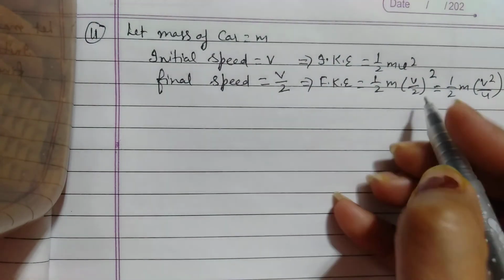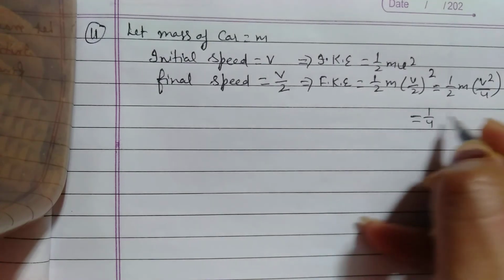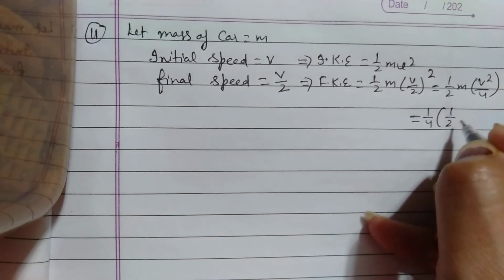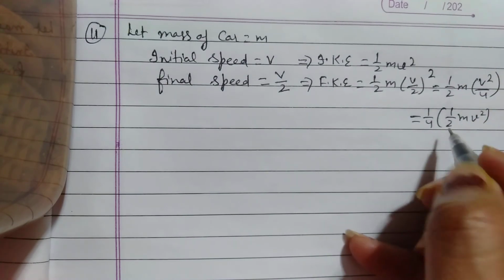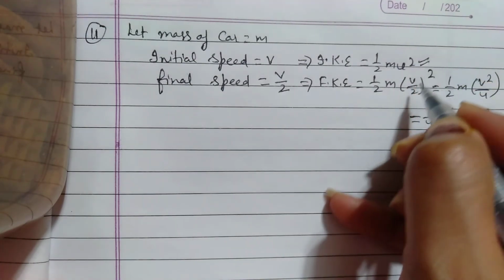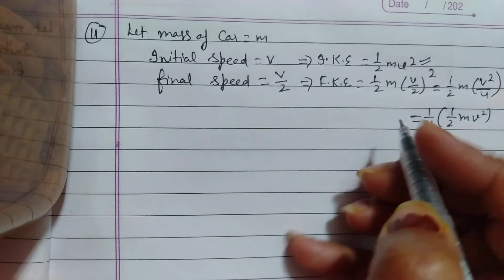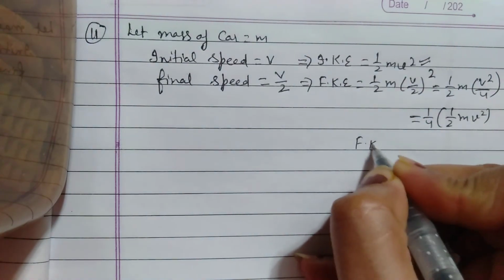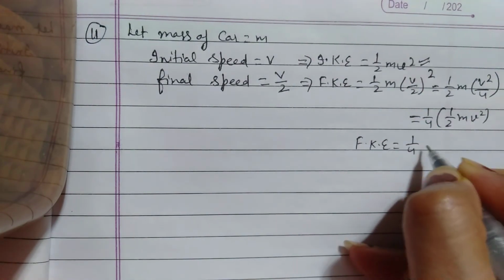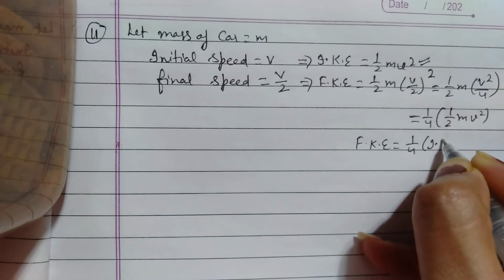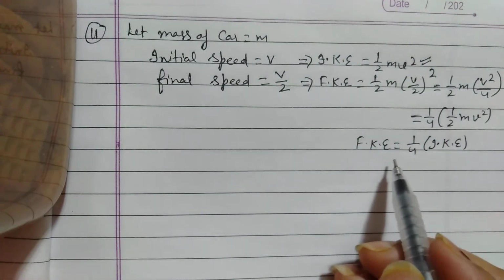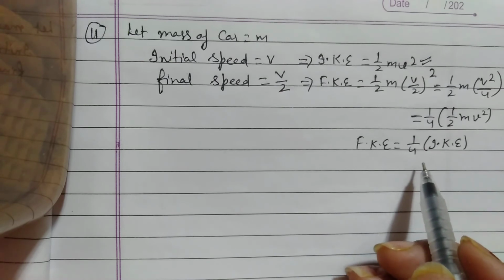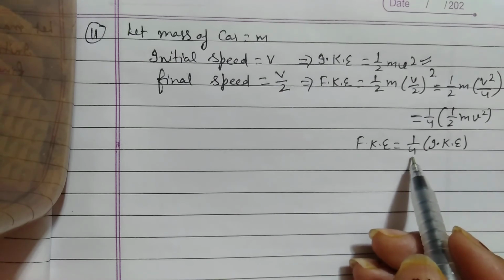We will just rearrange things. 1 by 4 I will take outside, times 1 by 2 mv square. What is this 1 by 2 mv square? This is the initial kinetic energy. So final kinetic energy is 1 by 4th of the initial kinetic energy. So we can say when speed is halved, kinetic energy becomes 1/4.